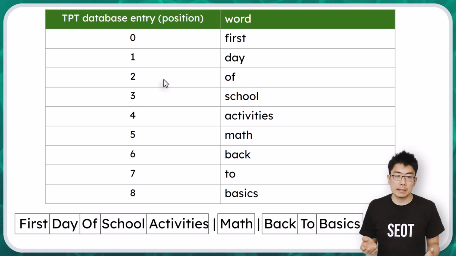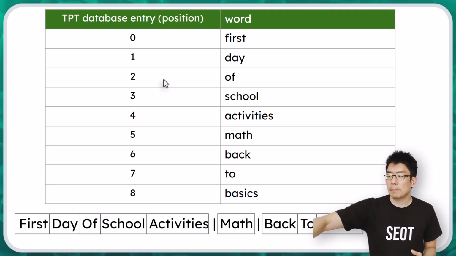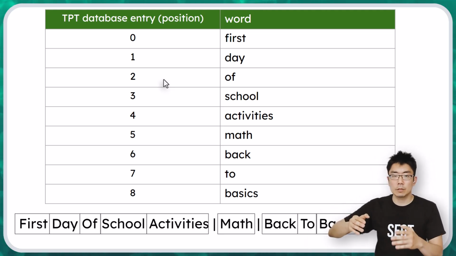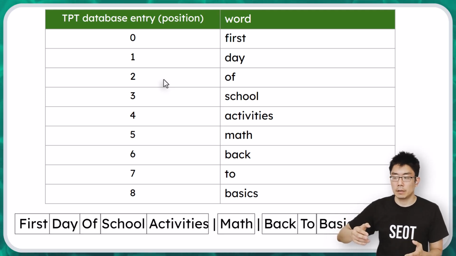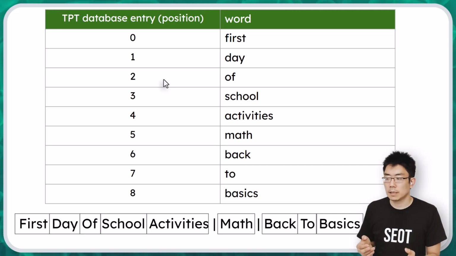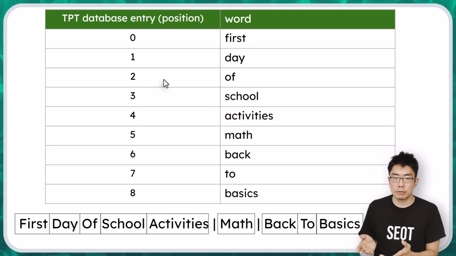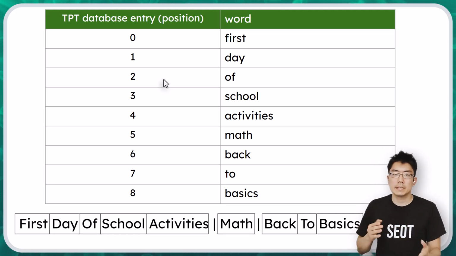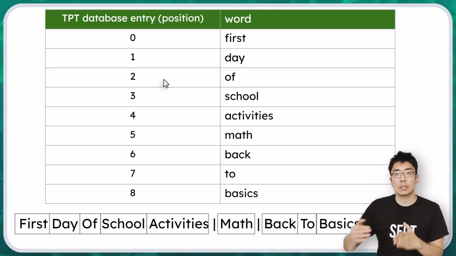An algorithm is basically a fancy calculator. To find the distance between two words, like back and to, it takes the position locations and subtracts them from each other. Back has a position entry of 6 and to has a position entry of 7, so 6 minus 7 equals -1. Whether it's negative or positive tells you the direction of the keywords.